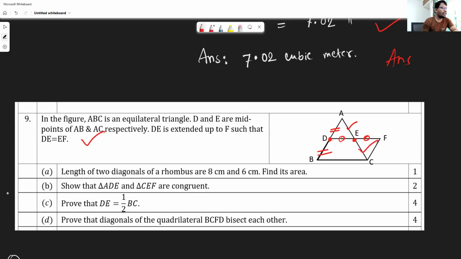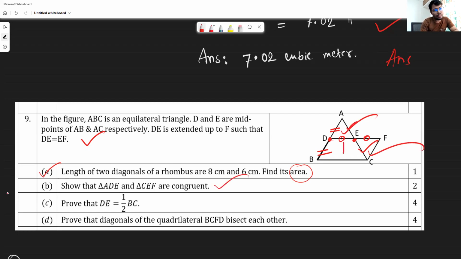In this information, there are 4 consecutive questions. First question: the lengths of the 2 diagonals of a rhombus are 8 centimeter and 6 centimeter, find its area. You have to know the formula for the area of a rhombus. Show that triangle ADE and triangle CEF are congruent. There are 2 triangles, and you have to prove they are congruent.